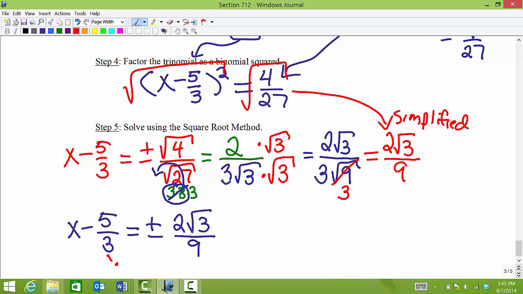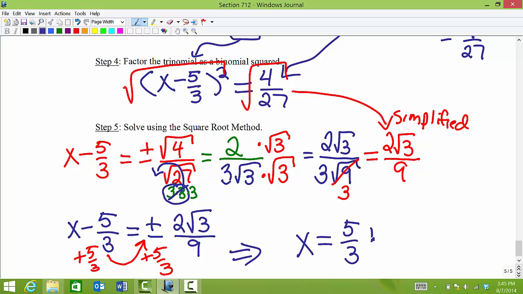So these are not like terms, so I can add 5 over 3 to both sides of my equation and just tuck that 5 over 3 right in front of my plus or minus. So our final answer here, x is equal to positive 5 over 3 plus or minus 2 times the square root of 3 all over 9.